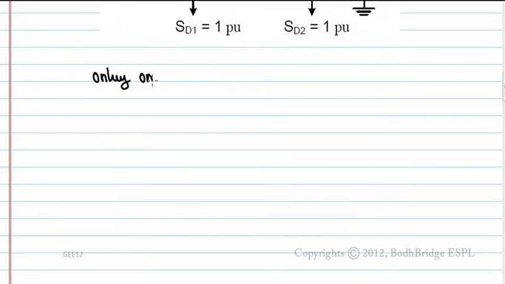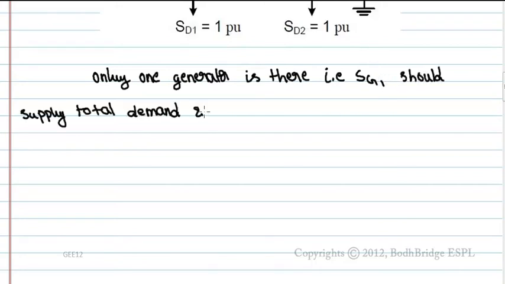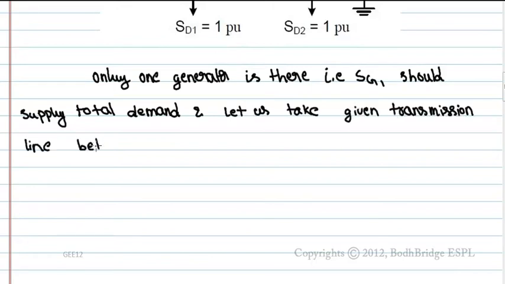Only one generator is there, that is SG1, which should supply the total demand. And let us take the given transmission line between bus 1 and 2 as lossless.